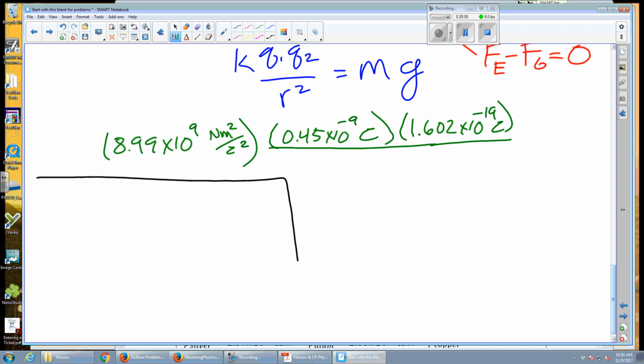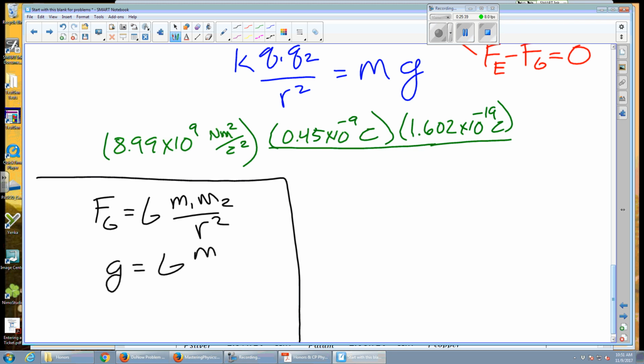Okay? So we know that the gravitational attraction between two objects can be described by Newton's law of gravitation, which is F equals big G M1 M2 over R squared. We also know that the gravitational field strength around a planet is little g equals big G mass of the planet over radius of the planet squared.